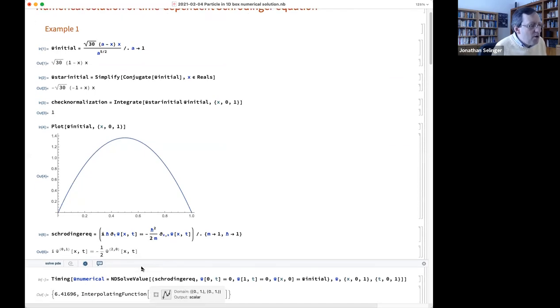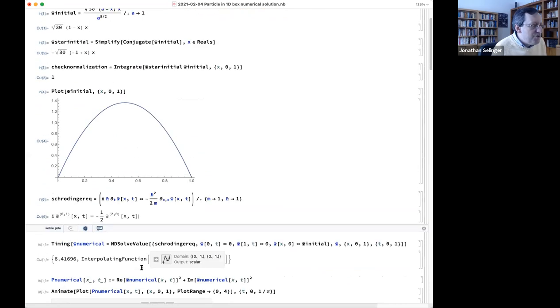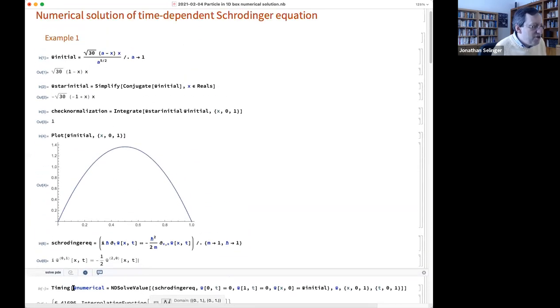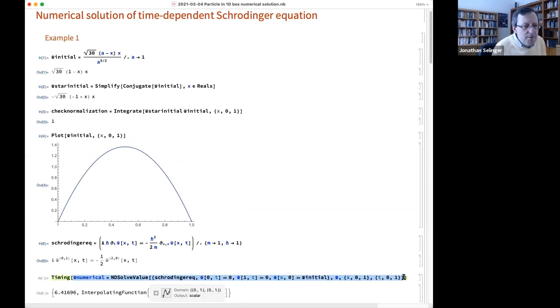So here is the command for solving Schrodinger's equation numerically. For the pieces of this command, I give Mathematica a list of things that I want to solve inside of the curly brackets.